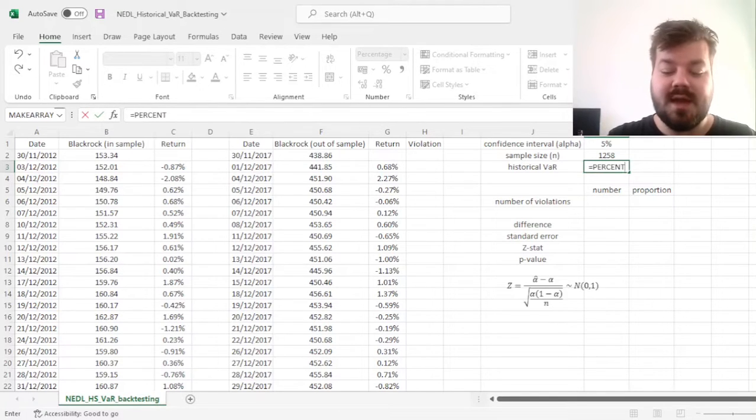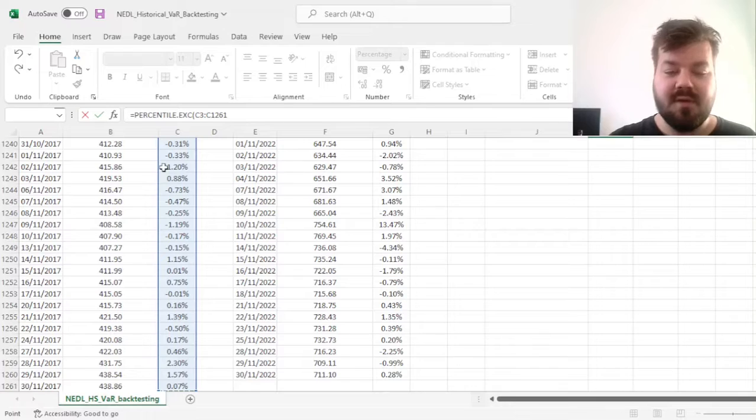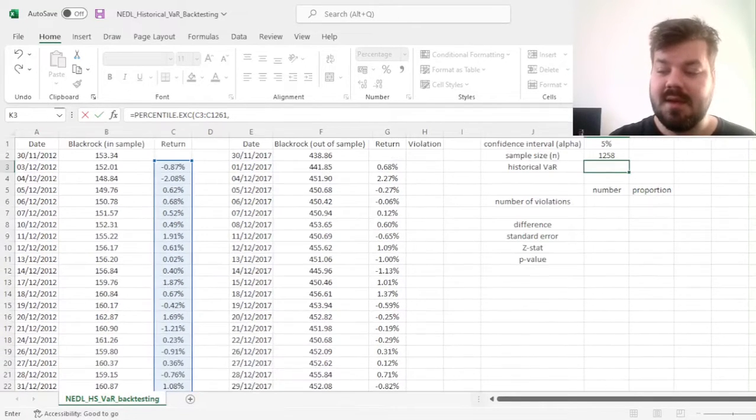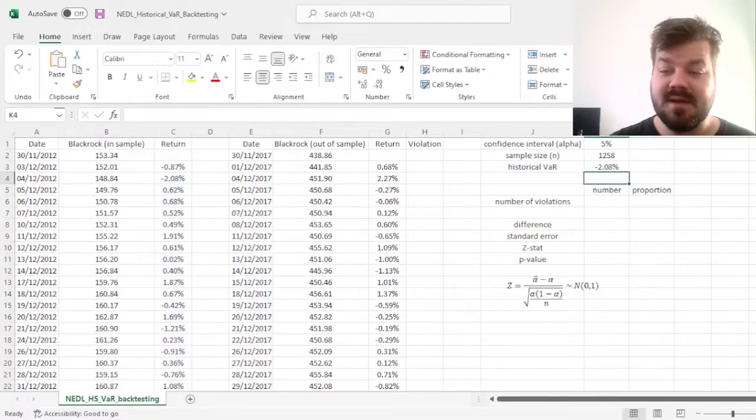So we calculate an exclusive percentile, PERCENTILE.EXC, inputting our in-sample returns and inputting our alpha as the percentile. And we can see that our in-sample historical VaR is minus 2.08%. That will be used to determine violations in out-of-sample data, or VaR breaches.